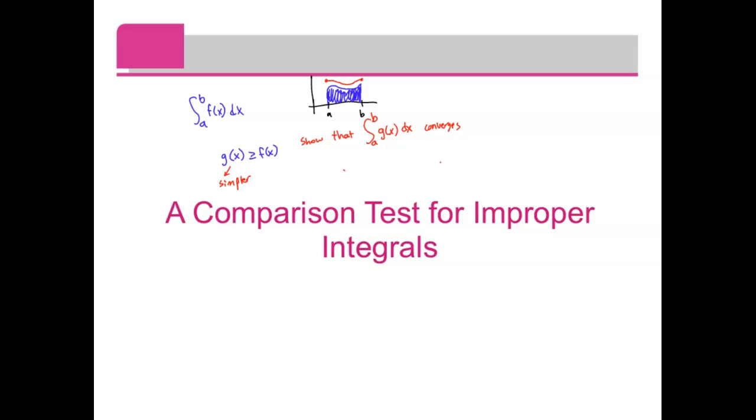So the y values are always greater than or equal to the f y values. And I show that that red area is finite. It has to be true that the blue area is finite as well then, right? Because the red area encompasses the blue area. Does that make sense? So if I prove that g of x converges, I've thus proven that f of x will converge by comparison.